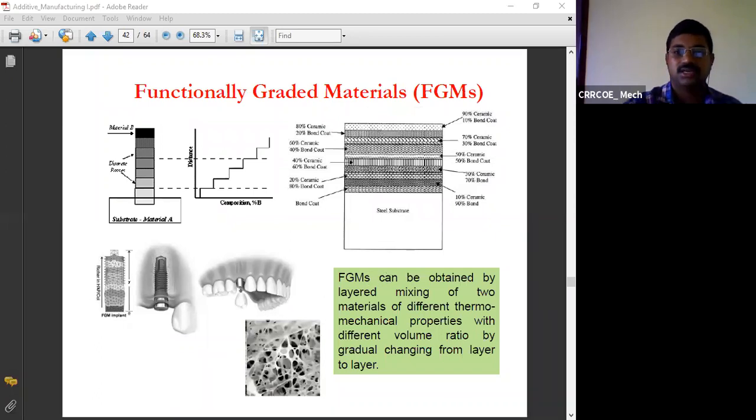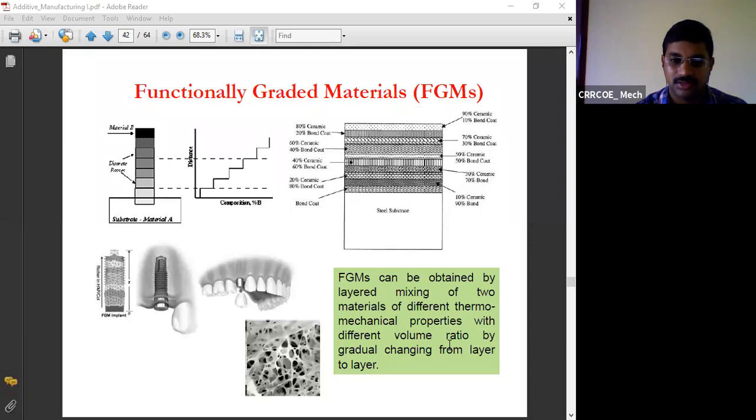Functionally graded materials, FGM, can be obtained by layered mixing of two materials of different thermomechanical properties with a different volume ratio, gradually changing from layer to layer.